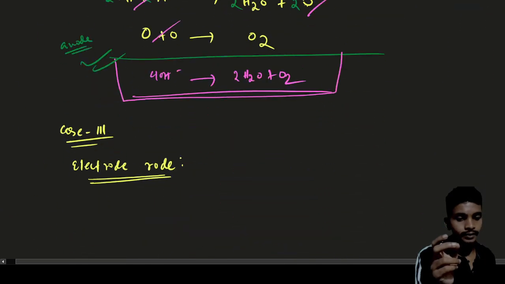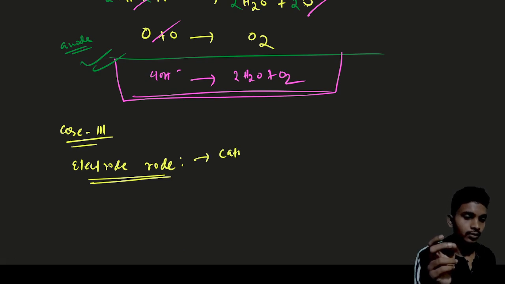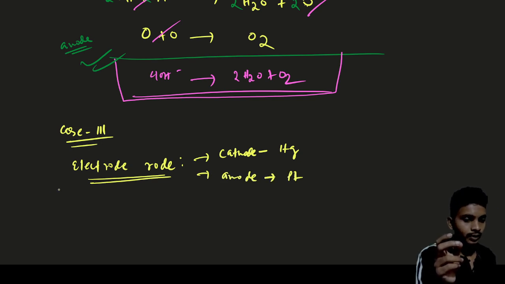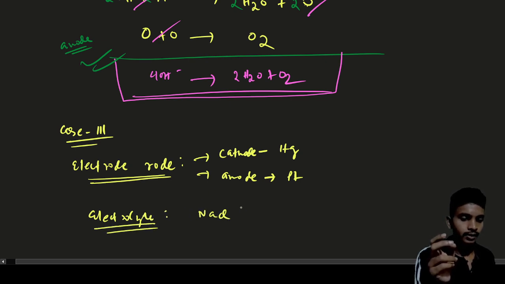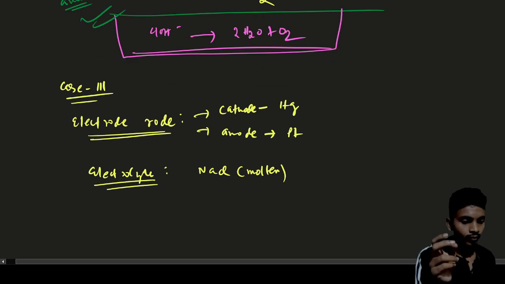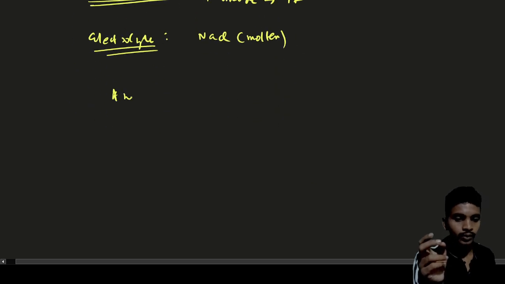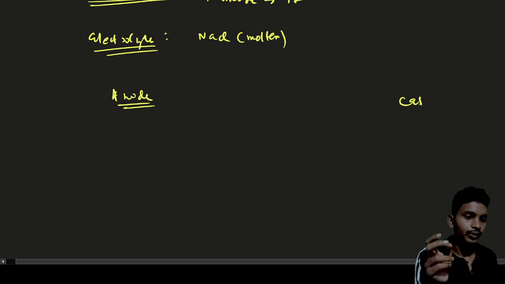Let's say in the cathode we have used Hg, and for the anode we have used platinum. And let's say the electrolyte is molten NaCl. So, anode and cathode.